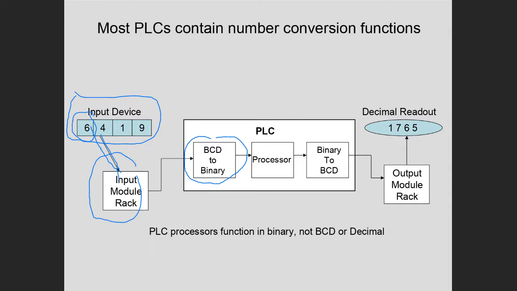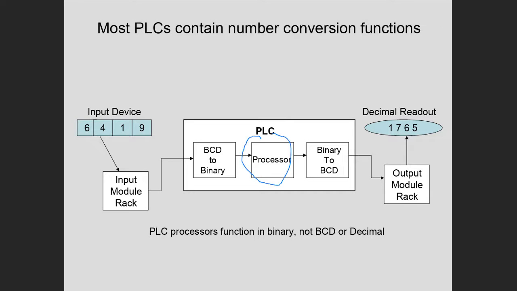Even though BCD is zeros and ones, BCD is not machine language. It's not binary. So we have to convert it from BCD to binary. Here we have this circuitry or device that does a BCD to binary conversion. Once it's in machine language, normal binary, only at that point can the processor do something with it. So now we can process it, and do whatever your program is going to do.